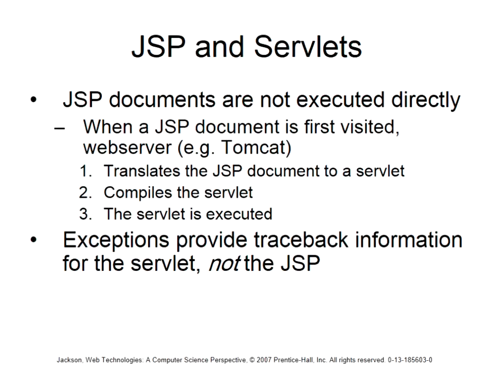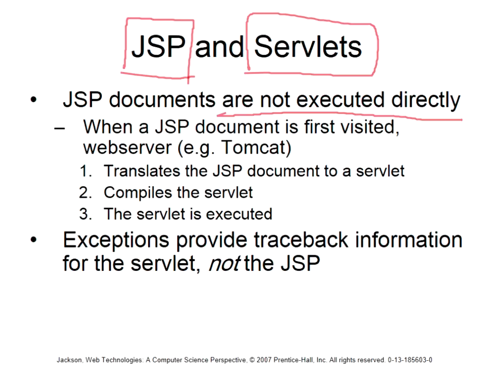Okay. Now we will move to see together the relation between GSP and servlets. GSP documents are not executed directly. This is very, very important. GSP documents are not executed directly.